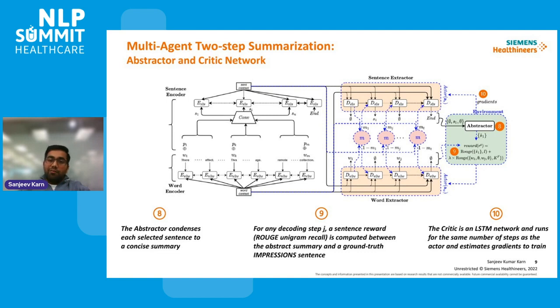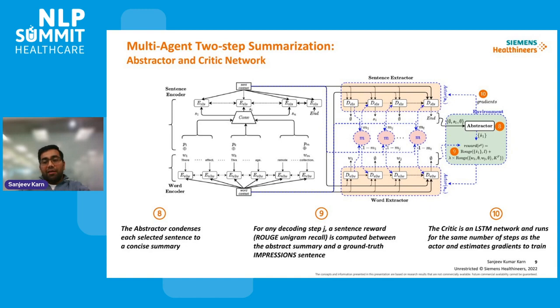So the extractor agent has a reward at every step. The word extractor also has a reward at every step. For the word extractor, if the selected word matches the keyword in the finding sentences, then it receives a reward of 1, else it receives a reward of 0.